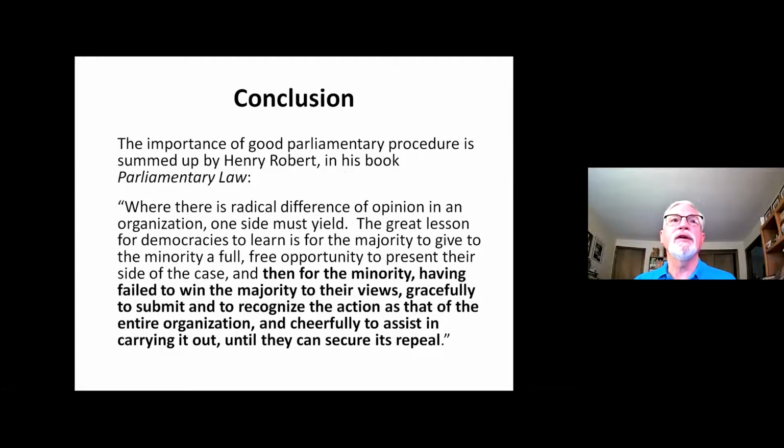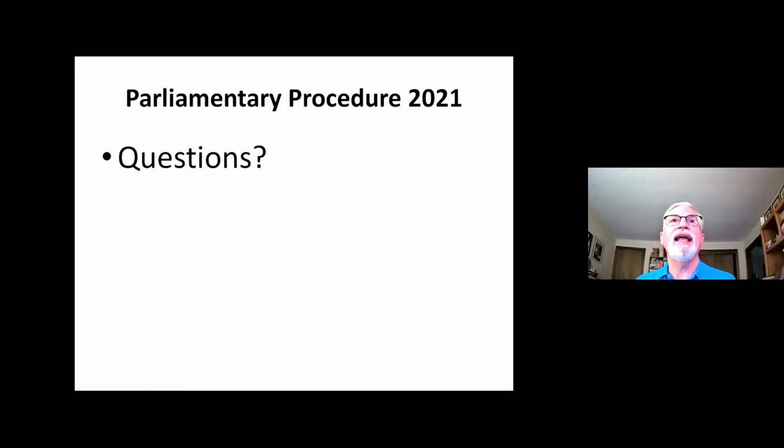And then for the minority, having failed to win the majority to their views, gracefully to submit and to recognize the action as that of the entire organization and cheerfully to assist in carrying it out unless and until they can secure its repeal. So once the board makes a decision, everyone should be on board to carry it out. And that's parliamentary procedure in 15 minutes.